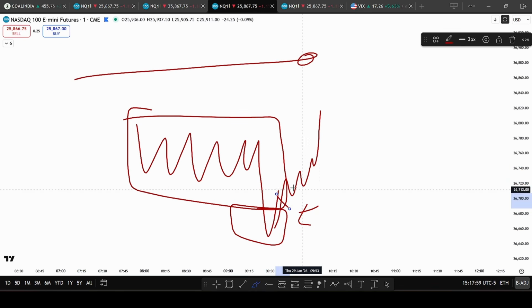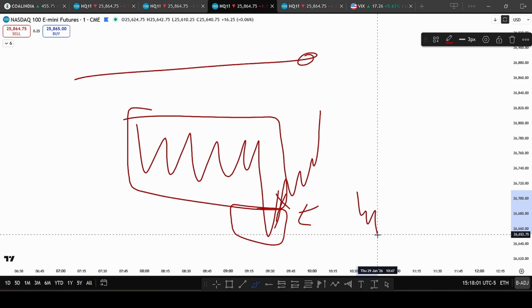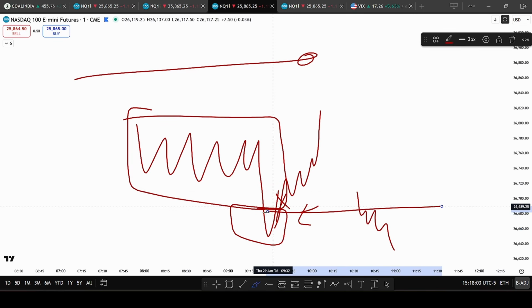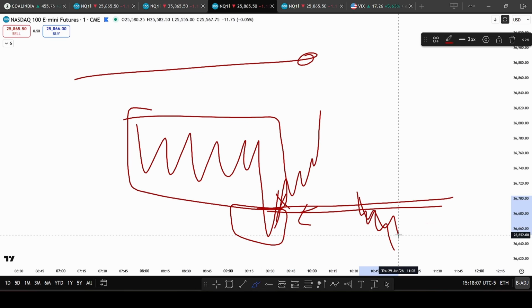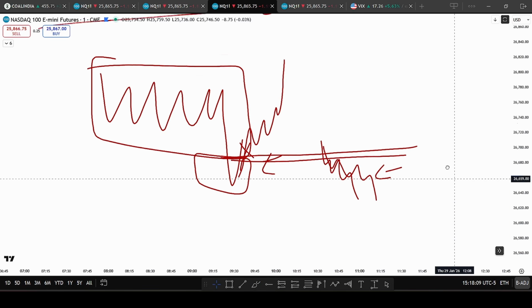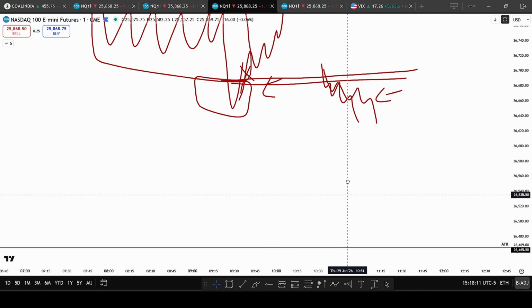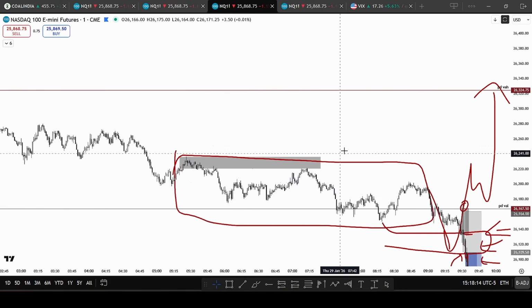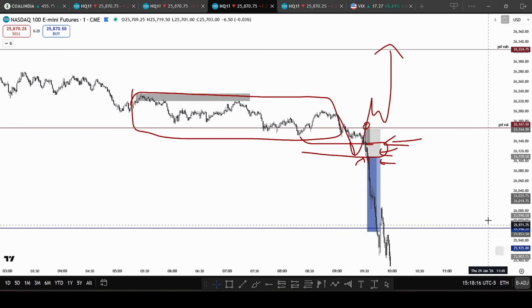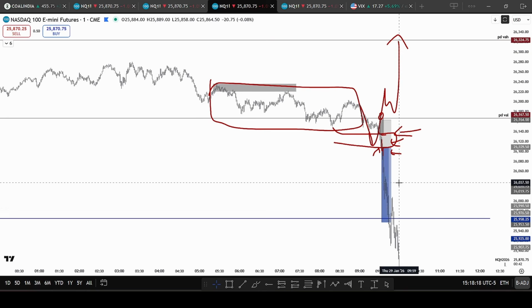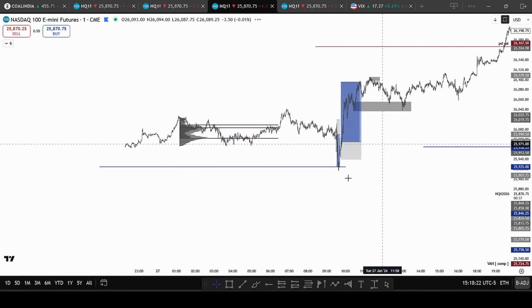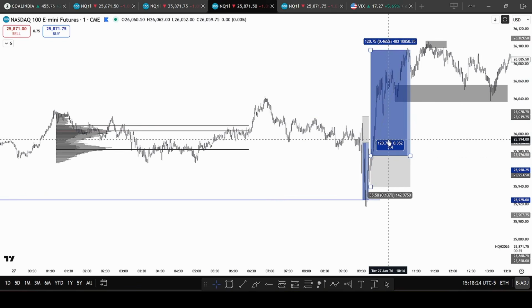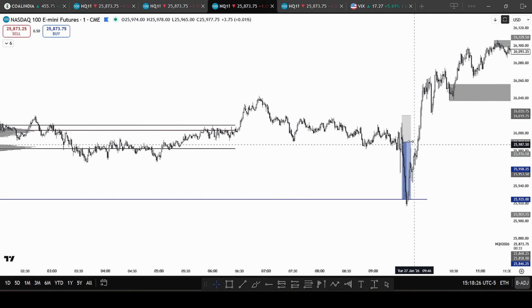But if it is respecting the previous balance range and making lower lows at this point, I will prefer to take a short for lower value. In both cases, moves are pretty solid in such setups, and you will find it every day, like yesterday also. Monday, you see, this long I didn't take, but I took this short.